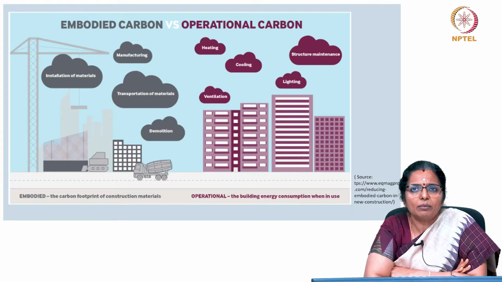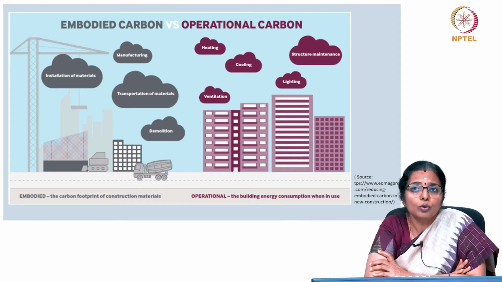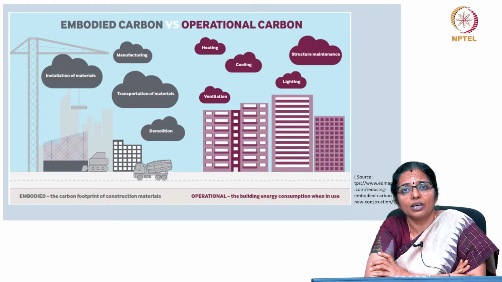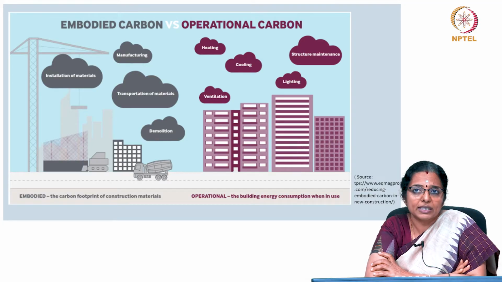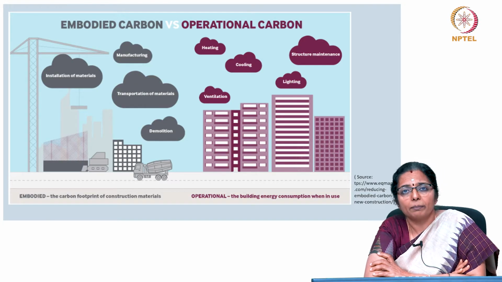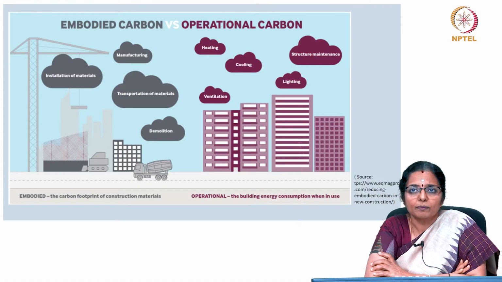Now, the built environment is a major contributor to global climate change. It is responsible for about 40% of annual carbon dioxide emissions. This carbon comes from two sources, embodied and operational. I will keep repeating this often in this course because this is the basic and it's very important. Most people are familiar with operational carbon, the carbon used in operating and using a building.